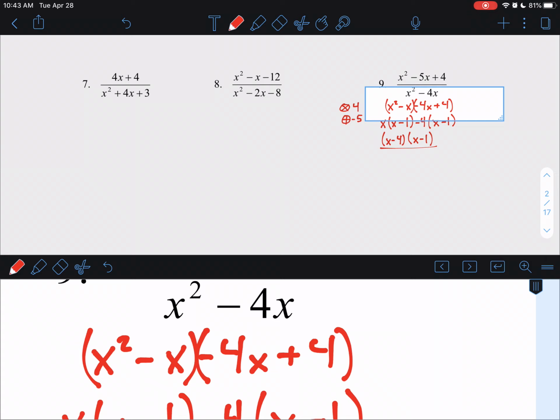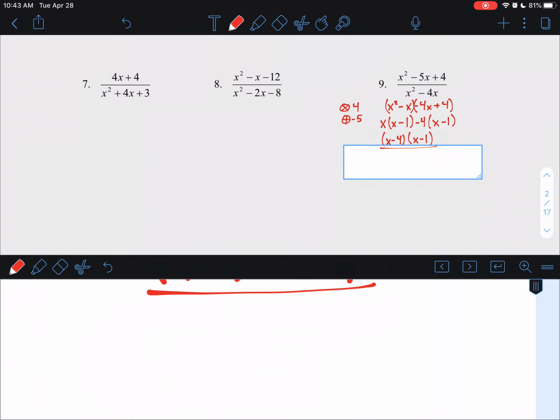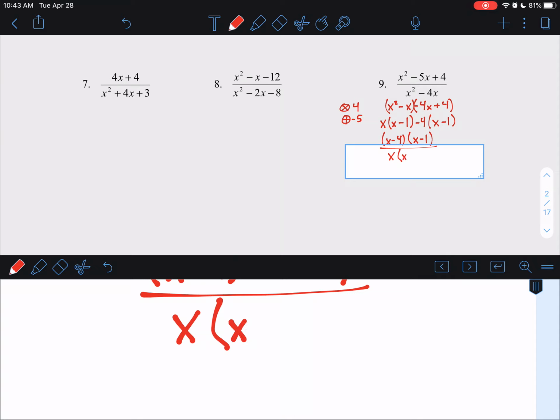If it was just x squared minus 4, there's no common factor between those two, so you'd want to factor it. But here the greatest common factor is x. And x squared divided by x is x. Negative 4x divided by x is negative 4.